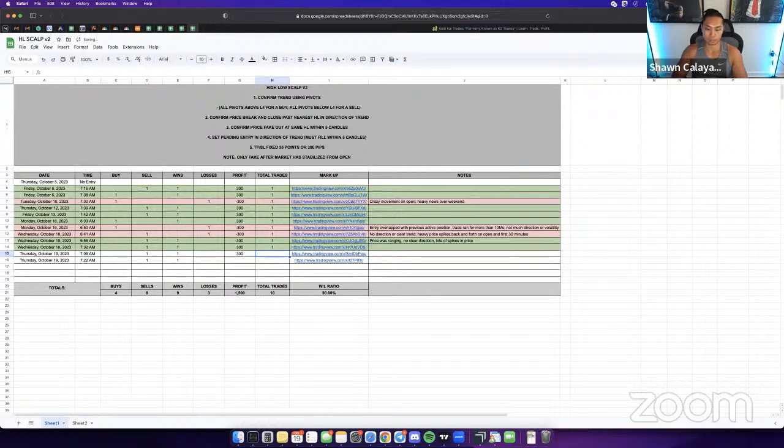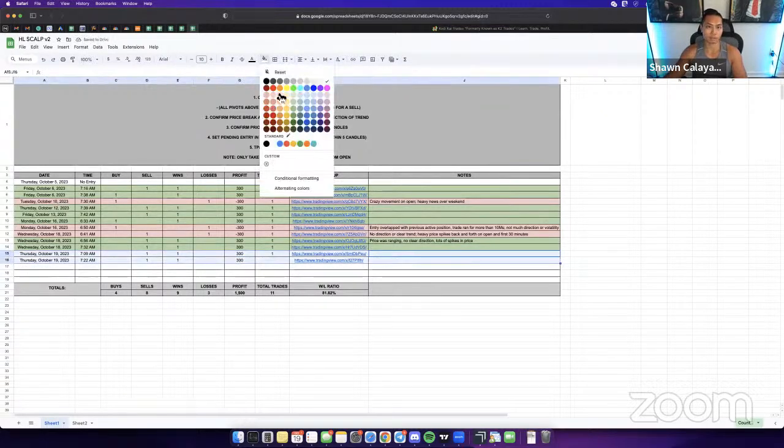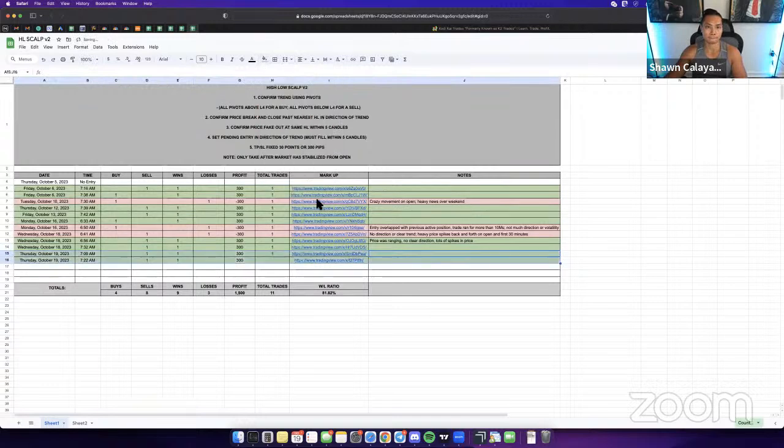And we're putting this into the spreadsheet so that we have the documentation here. I think there's news right now, guys, so I'd probably be careful. Don't take any trades at the moment. Put this over here as well.